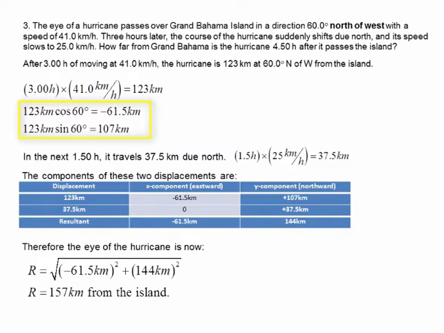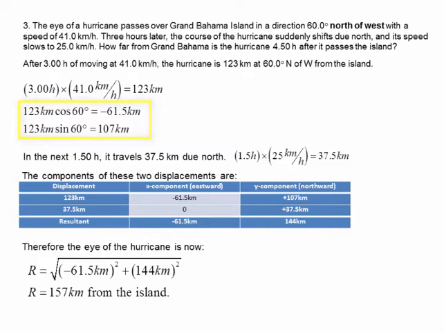In the x direction, cosine 60 degrees times 123 kilometers gives us a negative value of 61.5 kilometers. And that makes sense if we look at this vectorially. The other component, the sine of 60 degrees times that 123 value, gives us a positive 107 kilometers. So those become our two component values for the first 3 hours.